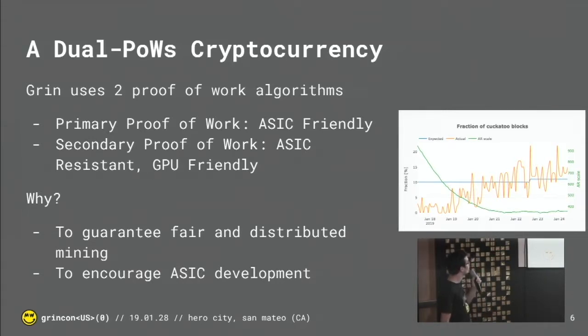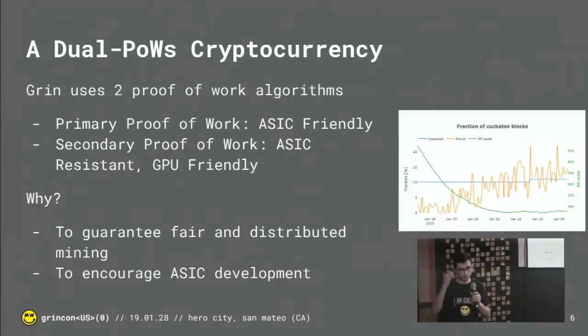By ASIC resistant, I mean that Grin developers will change the algorithm every 6 months to discourage any ASIC manufacturer from building an ASIC for that. So you might be wondering why we are doing this. Why is it way more complicated?